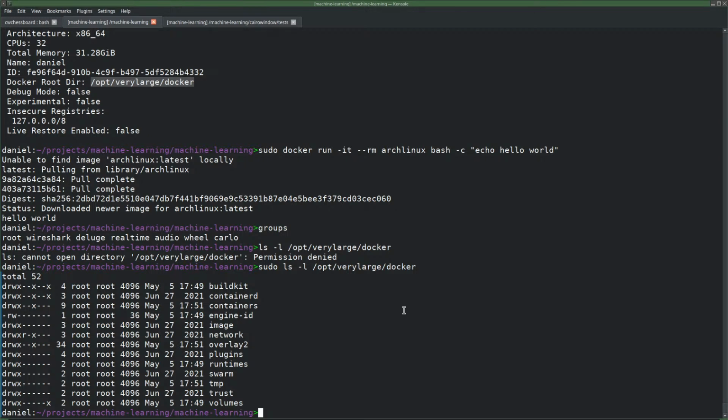It should not have written anything in my home directory as root and stuff like that. I think it just wrote here. Oh, it says root. The group Docker is nowhere to be found.